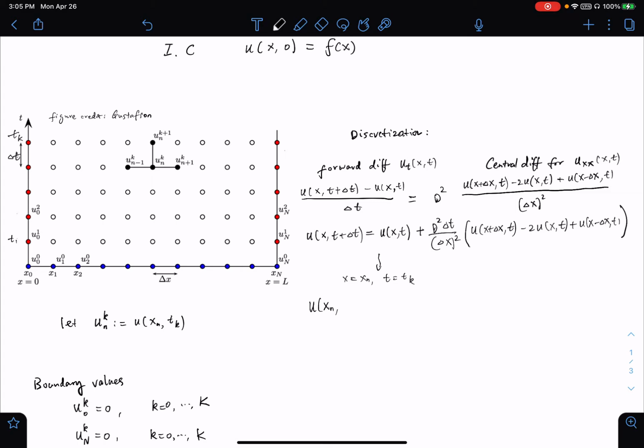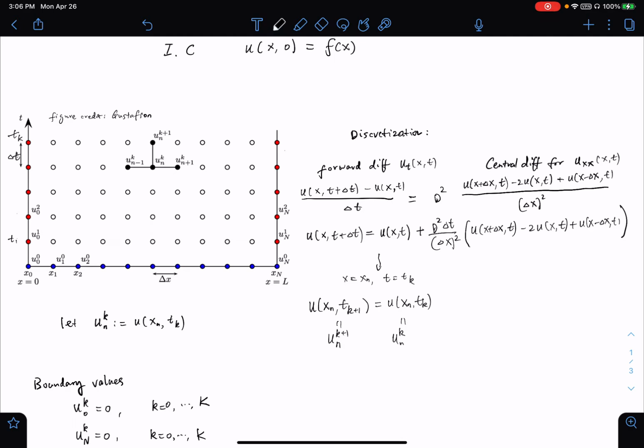Since we move forward one time step, we'll not have tk, but tk plus 1, so this is u_n^(k+1). And this is equal to u at xn, tk, which is just u_n^k.